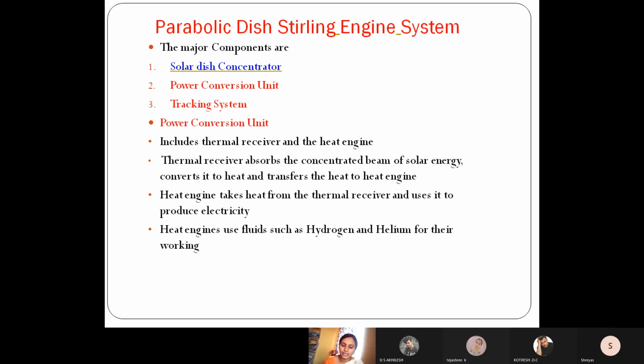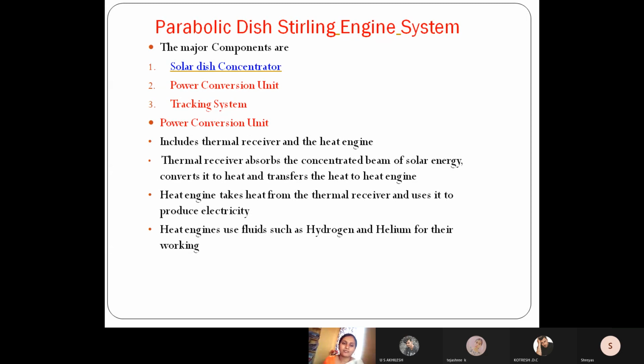Next are thermal losses. The solar dish concentrator collects the sunlight and produces electricity, similar to a parabolic dish system.